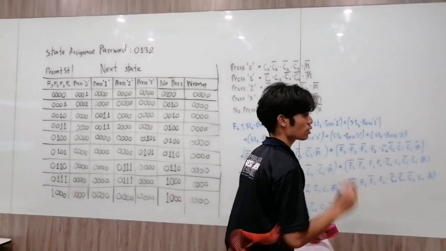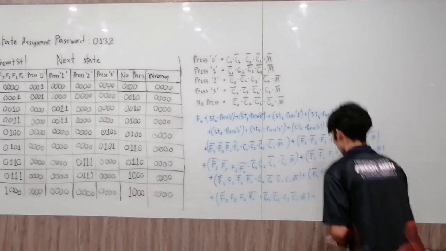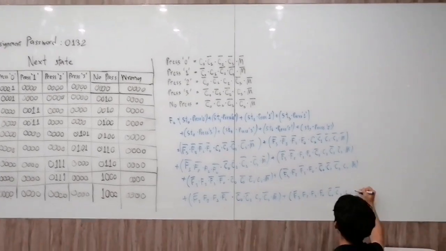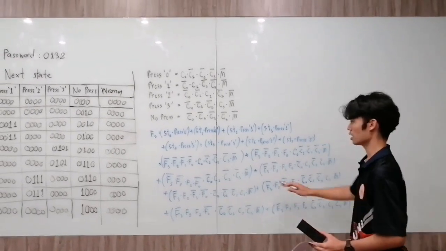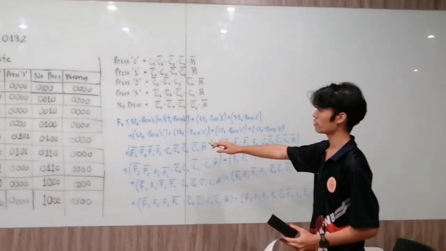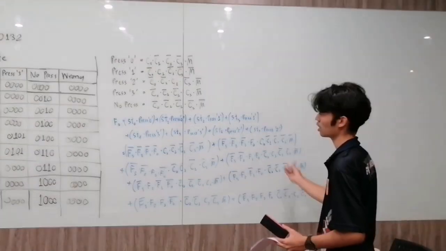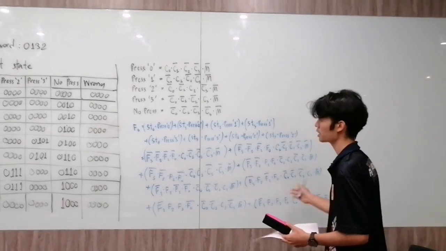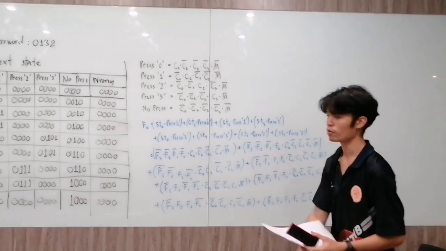And the last one is state 7 and with press 2. This is all of the equation of flip-flop number 0. And next, go to flip-flop number 1.